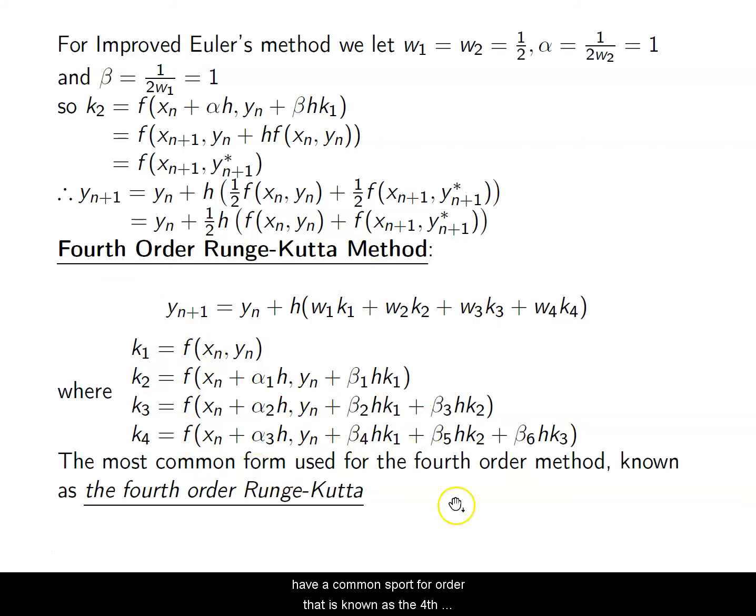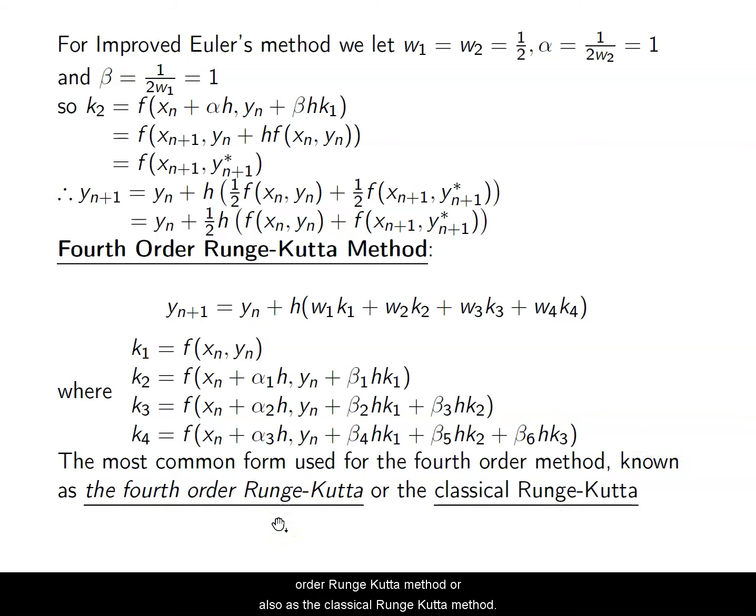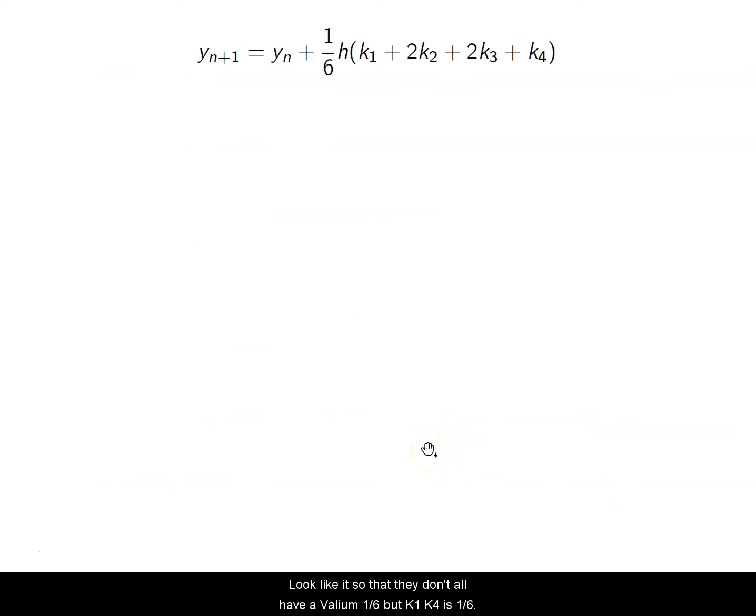We have a common fourth order that is known as the fourth order Runge-Kutta method, or also as the classical Runge-Kutta method, or just known as RK4, okay? And so these values for alpha, beta, etc. look like such, okay?